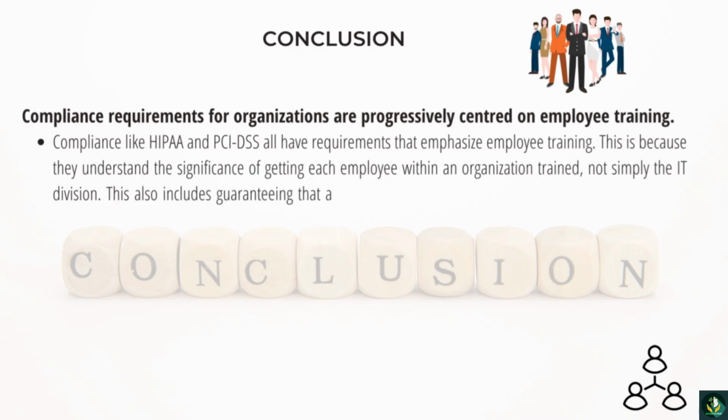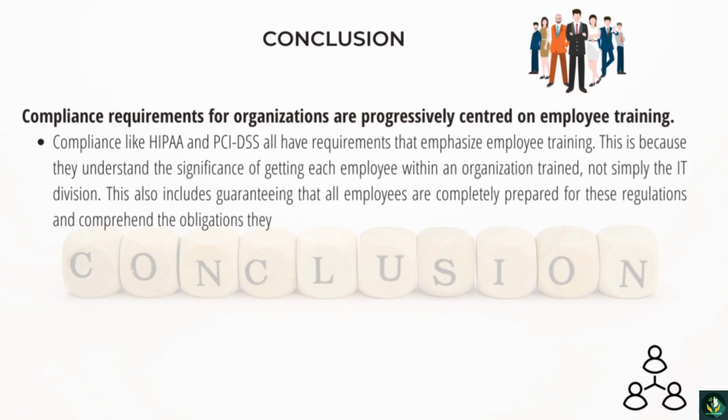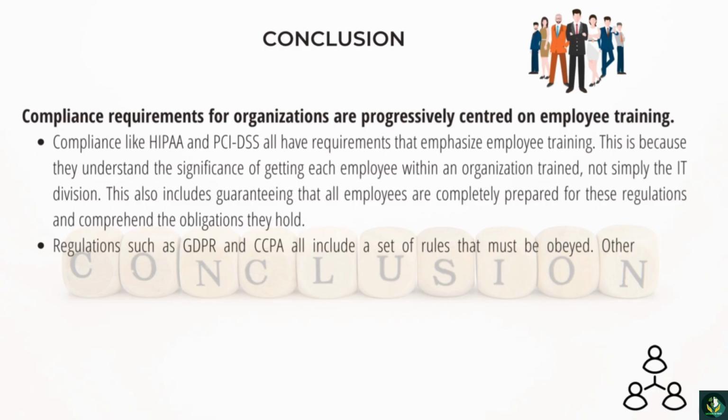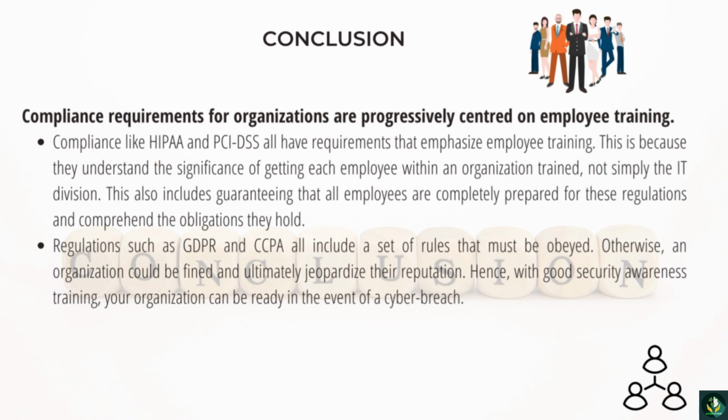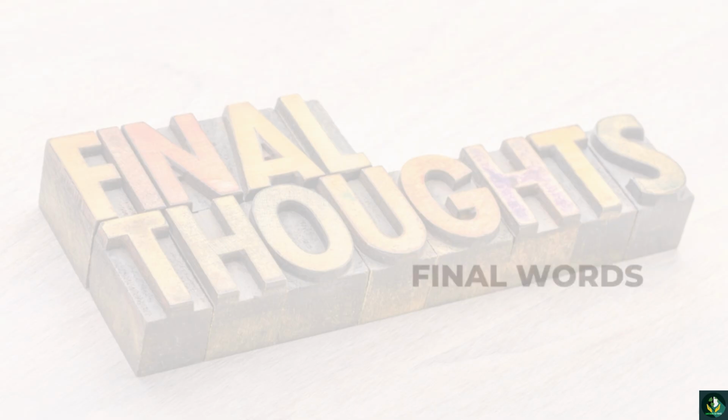This also includes guaranteeing that all employees are completely prepared for these regulations and comprehend the obligations they hold. Regulations such as GDPR and CCPA all include a set of rules that must be obeyed. Otherwise, an organization could be fined and ultimately jeopardize their reputation. Hence, with good security awareness training, your organization can be ready in the event of a cyber breach.